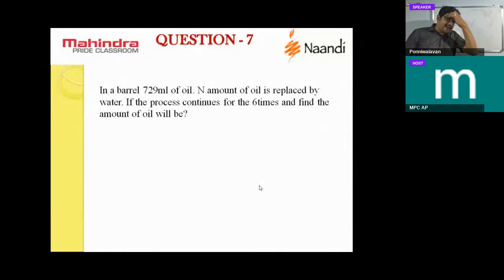Next, in a barrel 729 ml of oil, n amount of oil is replaced by water.